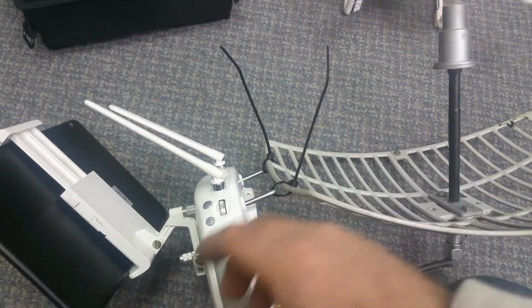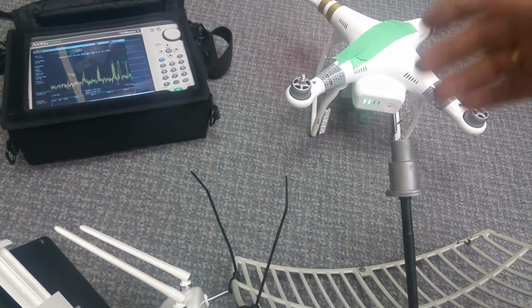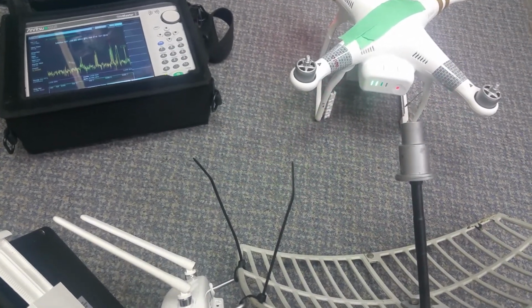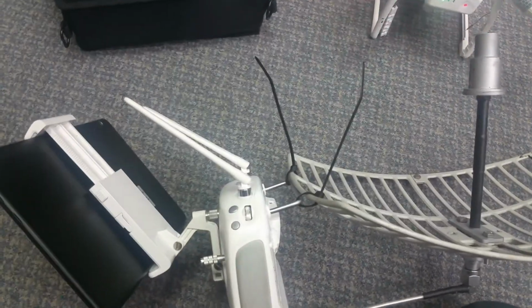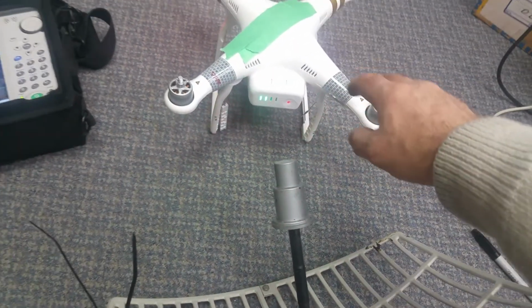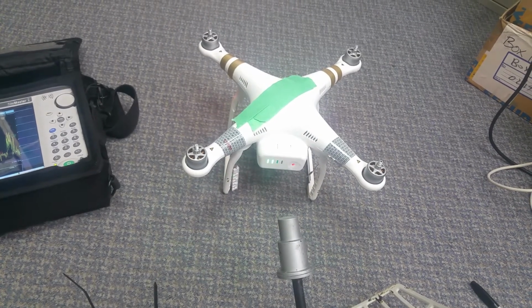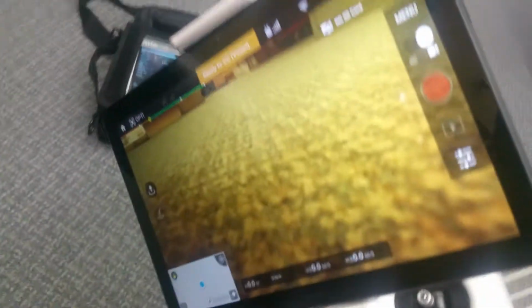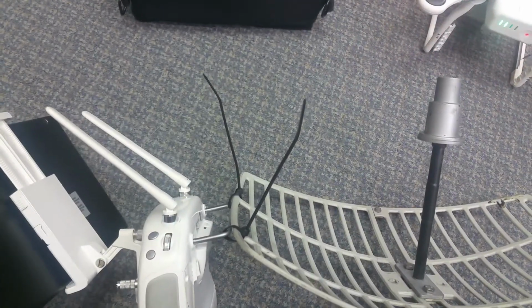You send some commands and this unit is receiving those and executing your commands, but it's also sending back a telemetry link that measures the status of the battery, the position of the aircraft, the GPS, the altitude, and some other parameters that you see on your little app, right? So you need a link back and forth for that.